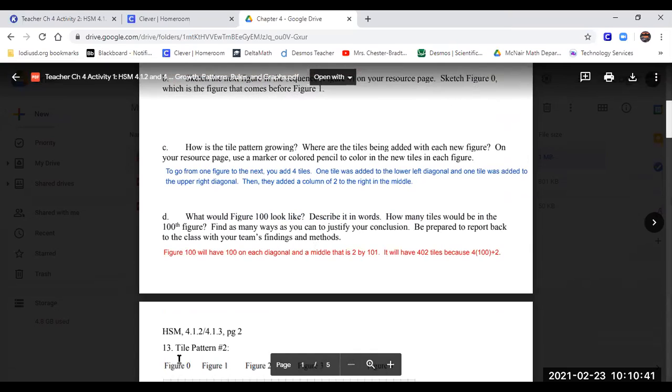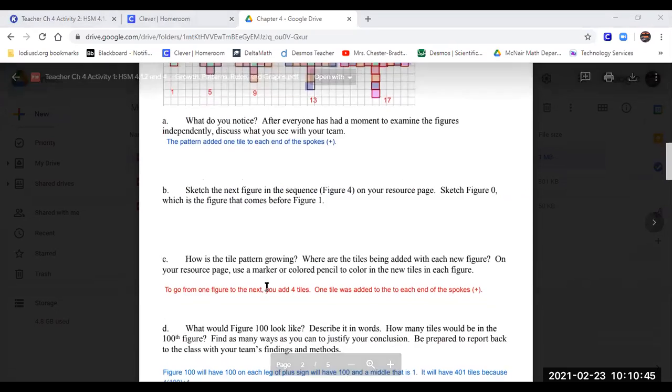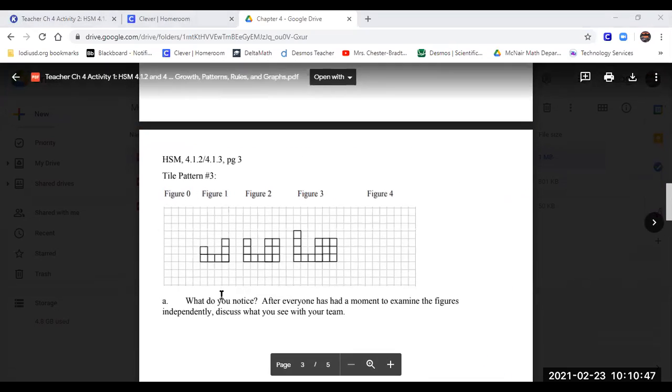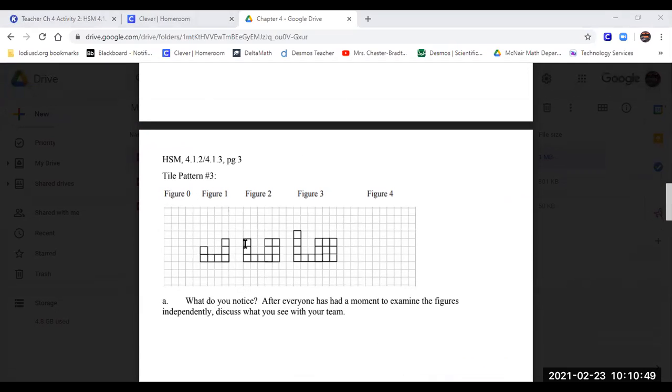Okay. So pattern 3 is right here. And we decided that it went up 1 and then added 3 over here, right? And if we took that off, a column of 3 and 1 above, that gave us 3 sideways ones, right?